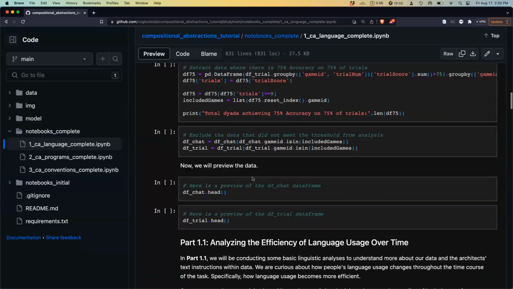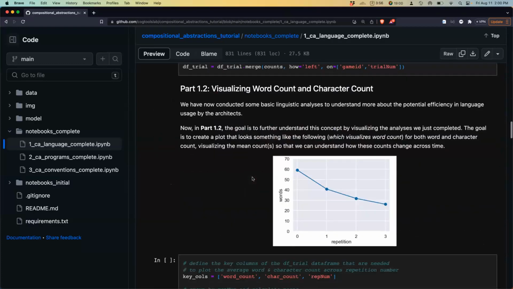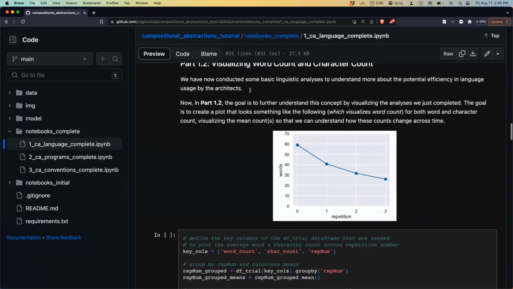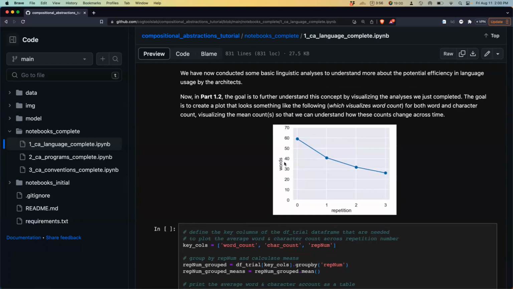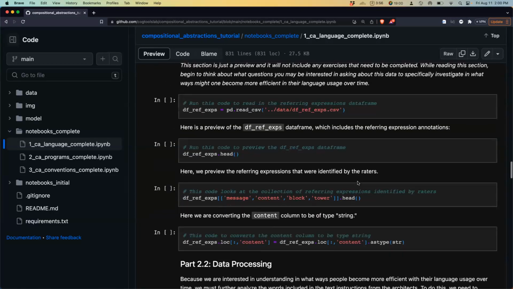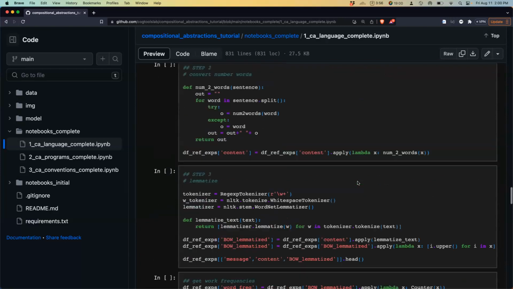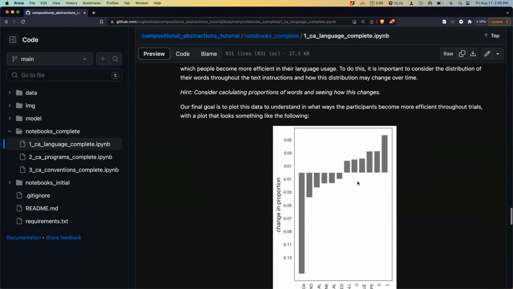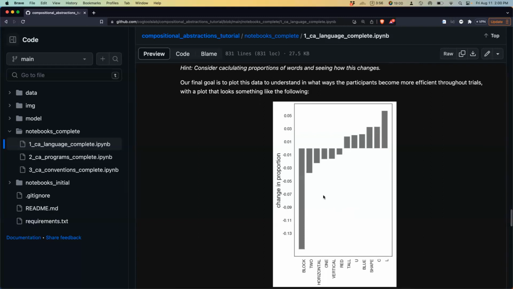This is basically pulling in the notebook of the block construction task. You can do things like count how many words people used as the task went on. You can look at particular referring expressions, looking at the distribution of words.